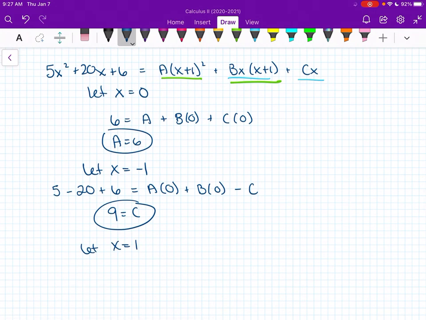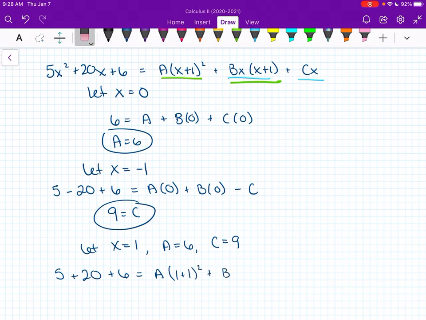So if x equals 1, and I have a equals 6 and c equals 9, I can go ahead and plug everything in. So I'm going to get 5 minus 20, plus 20, plus 6 equals a times, and I'm plugging in 1, so 1 plus 1 squared, plus b.